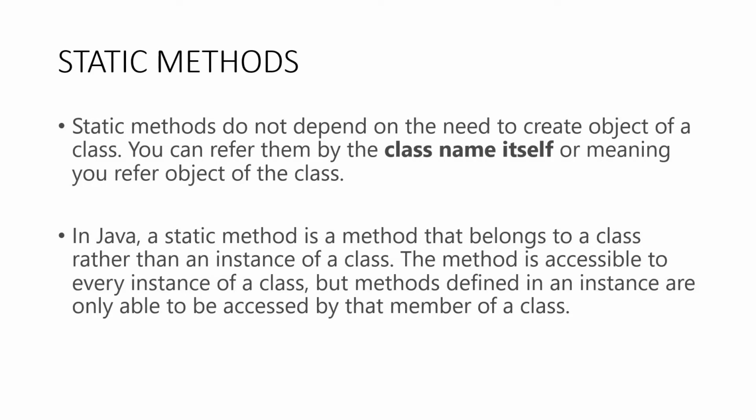In Java, a static method is a method that belongs to a class rather than an instance of a class. The method is accessible to every instance of a class, but methods defined in an instance are only able to be accessed by that member of a class.